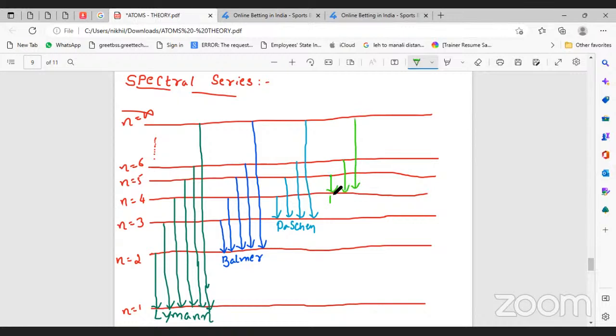What is that called? Brackett series. Suppose the electron is taking a transition from a higher orbit to the fifth orbit, then it is called a Pfund series.